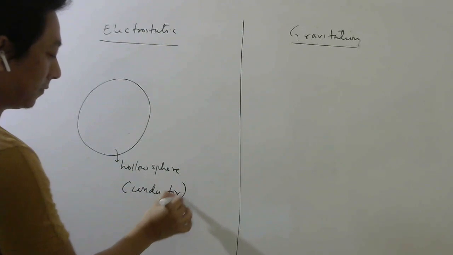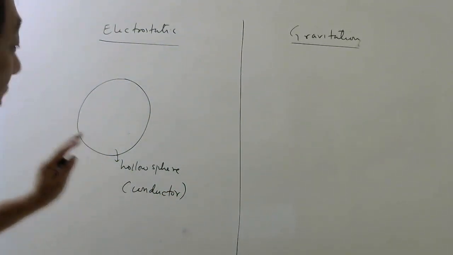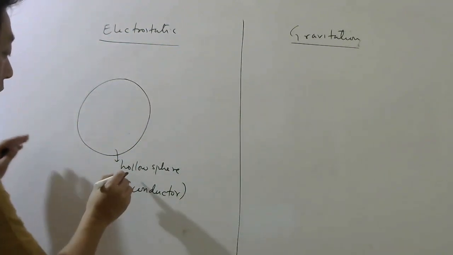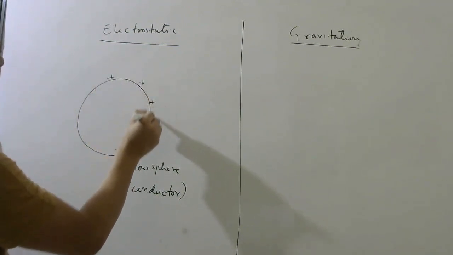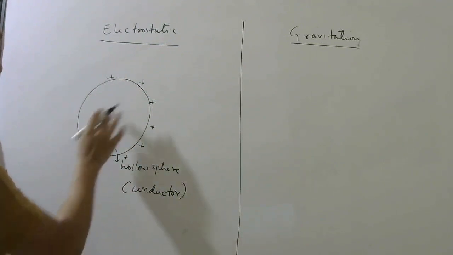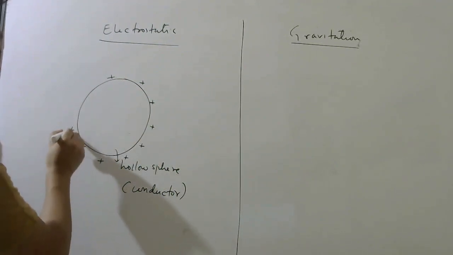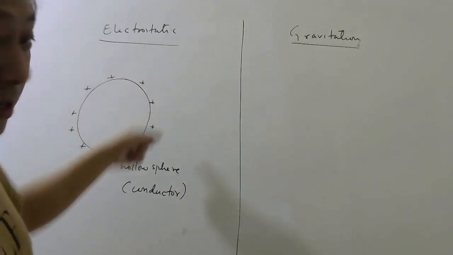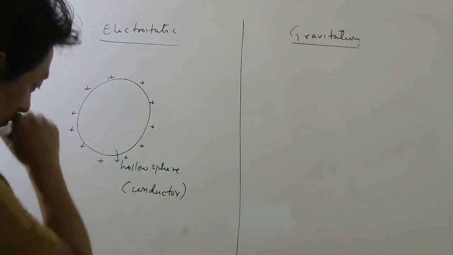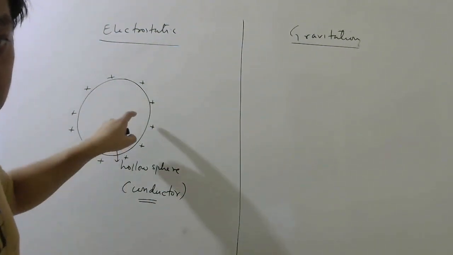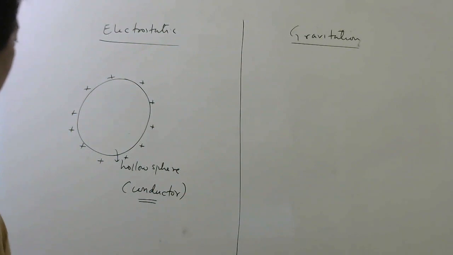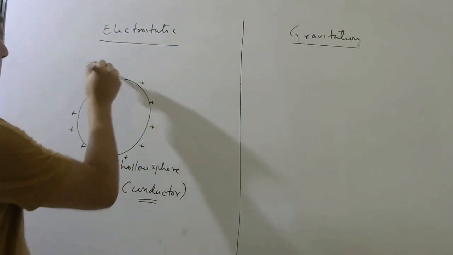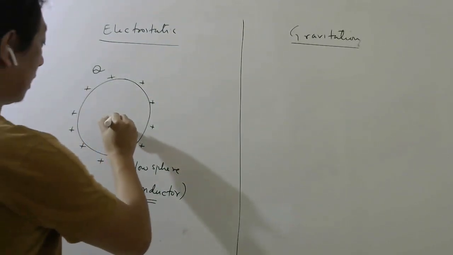If it is solid, then it should be a conductor, so that whatever formulas I give you will be correct. Okay, right now. So for a hollow sphere, the charge will be only on the outer surface, which is hollow, no, inside nothing is there. And if it is solid, but if it is a conductor, then also the charge will stay only on the outer surface. For a conductor, we already know charge inside the conductor has to be zero. Electrostatic conditions. Okay, now let us say total charge is Q, and I want the electric field outside.